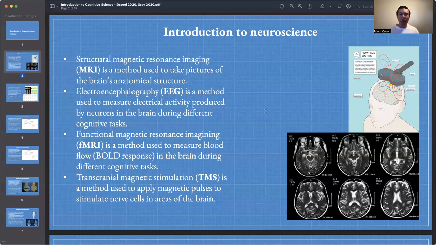Before I move on, notice that TMS, transcranial magnetic stimulation, is somewhat like a lesion study, in that we're turning something on or turning something off with the TMS. Whereas with a lesion, it's permanent; we're removing something for good. With TMS, this is only a momentary phenomenon.